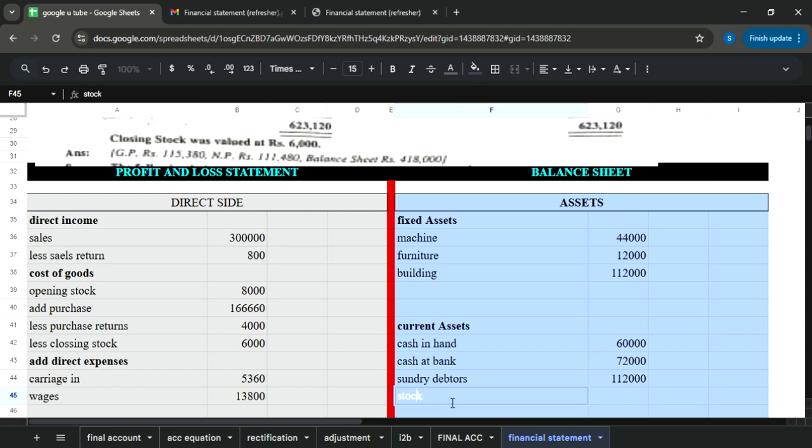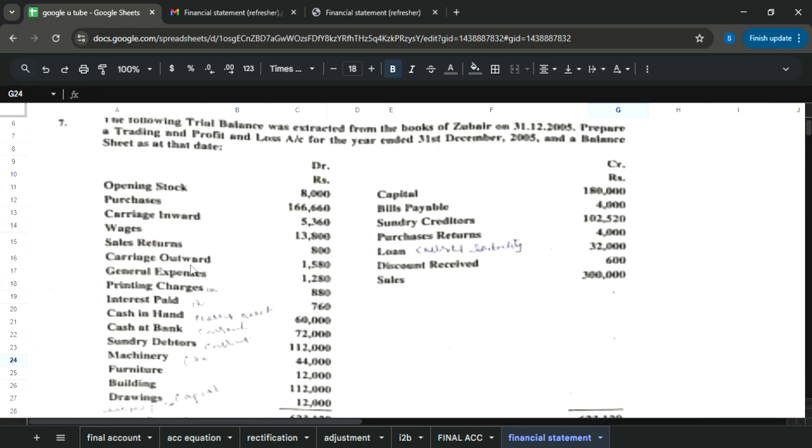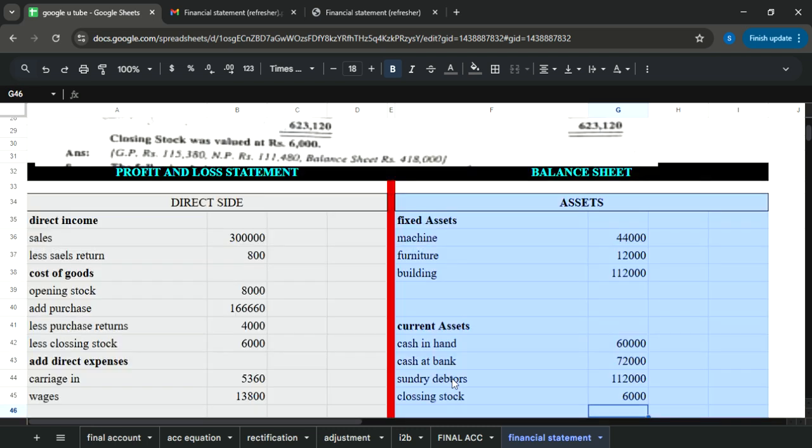I have just written stock alone. So here is your closing stock, amount of which is 6,000. Just place 6,000 over here. So guys, in this way, this extra amount has also been written. And finally, what we have done, each and every element present over here is placed and posted to the appropriate place in our proforma. All amounts are written.